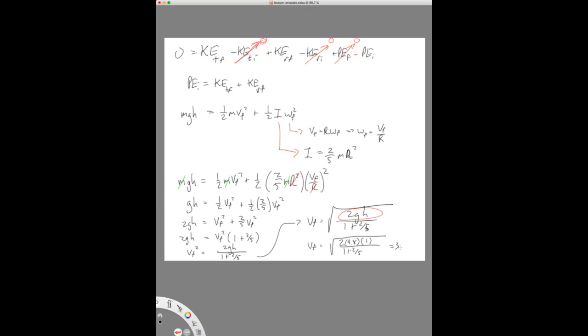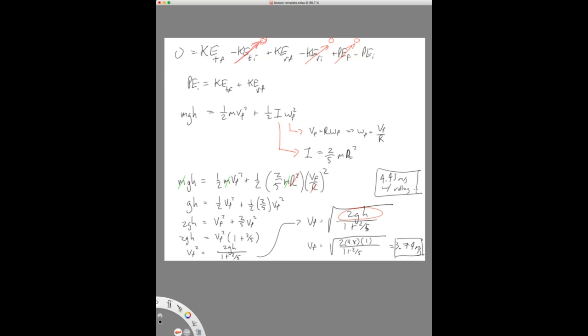And I get 3.74 meters per second. Whereas we've gotten 4.43 meters per second without rolling motion.